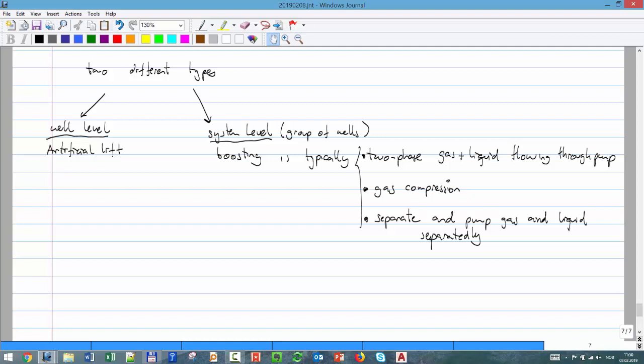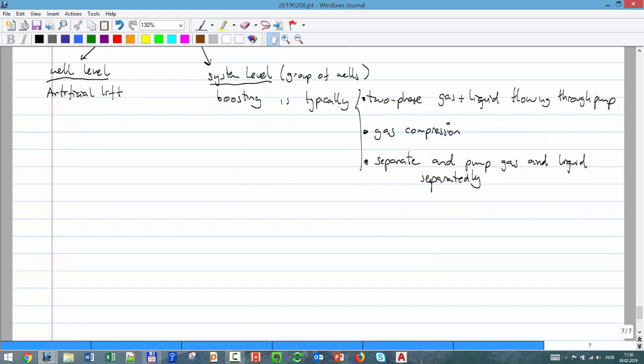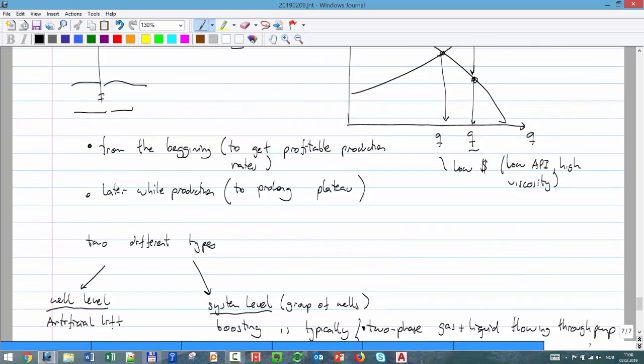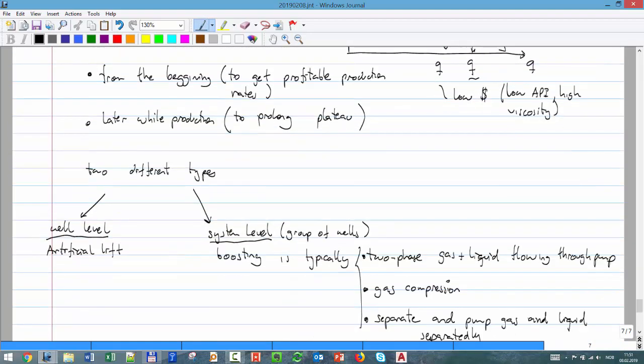But to jump directly to compression, remember what we are looking at at a higher level. From here we're going to get a combination of Q star and DP star, and then we want to see if that combination is feasible.